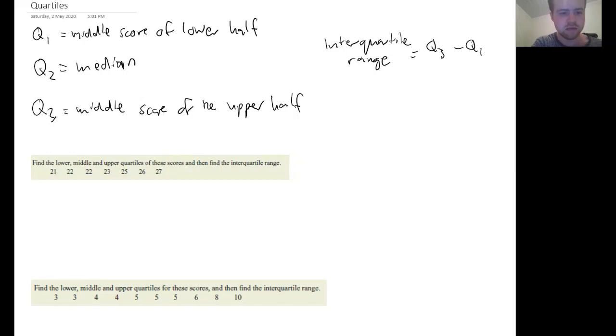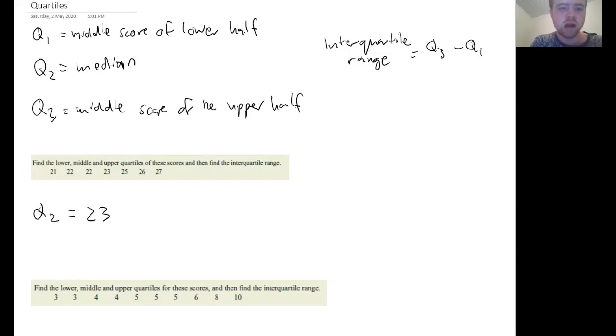If we have 7 scores, they're already arranged in ascending order. The middle one, which is going to be our 4th score, is our median, or our Q2, our middle quartile. So Q2 is going to equal 23 because that's our middle score. Now, if we just look at the other scores below 23, we need to split that in half.